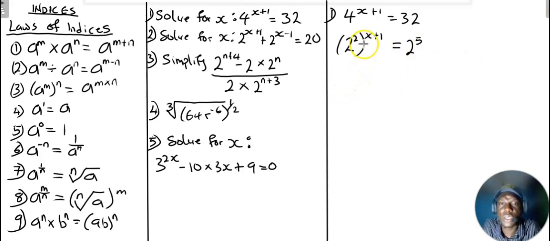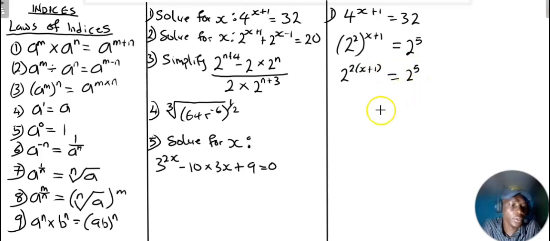Next, we'll now apply the power law. This is the power law that says that when a number is raised to more than one power, the powers will multiply. So in this case, you have raised to power 2 and raised to power x plus 1, which means the powers will multiply. So you have 2 raised to power 2 times x plus 1 is equal to 2 raised to power 5.